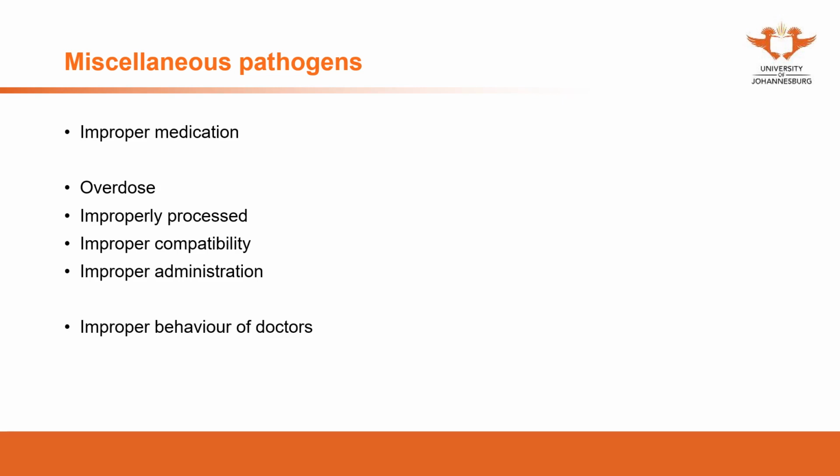And improper compatibility. This also refers to the herbal medicine more, because when we study herbal medicine, we will know that some herbs are not supposed to use together. But when you use together, it might cause side effects. That's also from the miscellaneous pathogens.